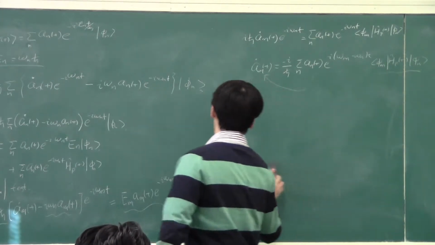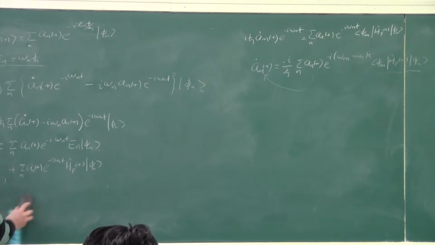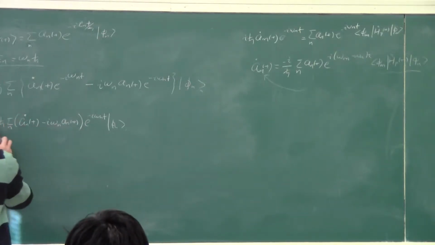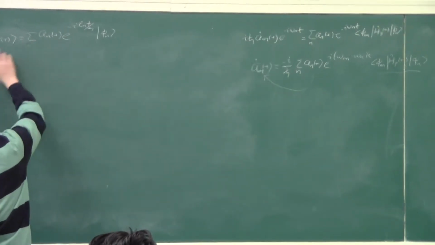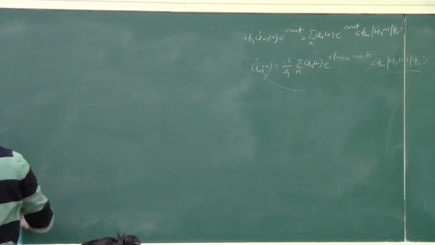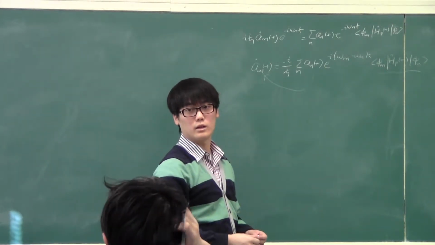So this is an exact formula. Now we're going to put it in a way that we can do perturbation theory on it. So what do we do in that case? If we want to do perturbation theory, what are the unknowns here?